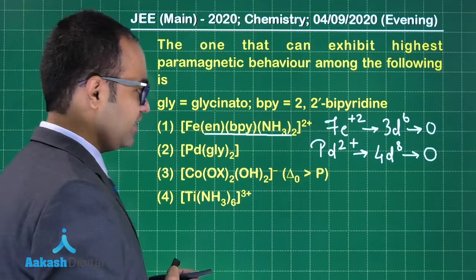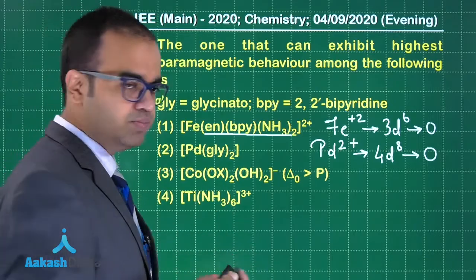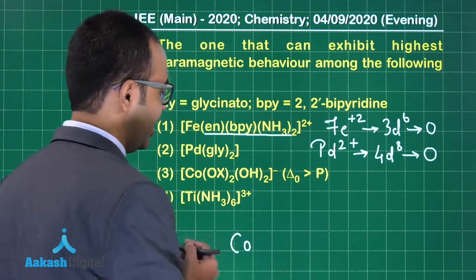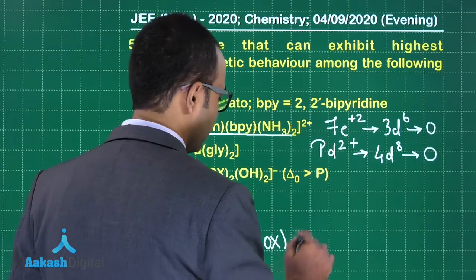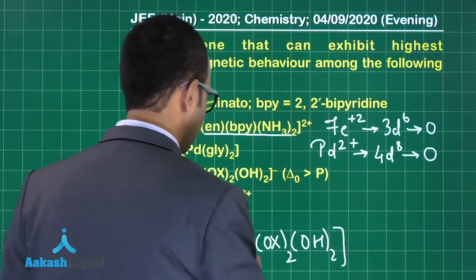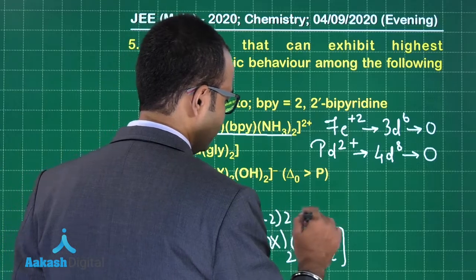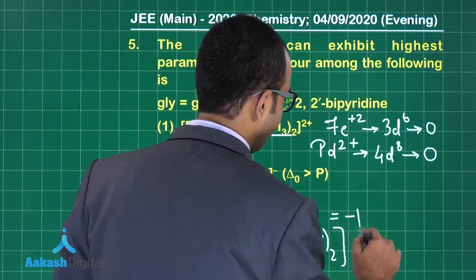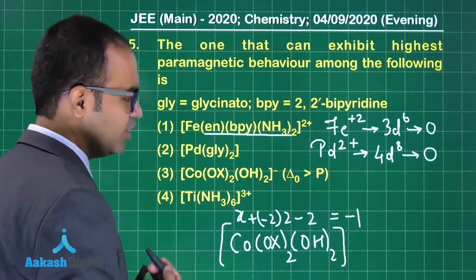In the third case, oxalate has an oxidation state of -2. So what will be the oxidation number of cobalt? This is -2 multiplied by 2 and this is -2. The overall is -1. So X plus this is equal to -1.